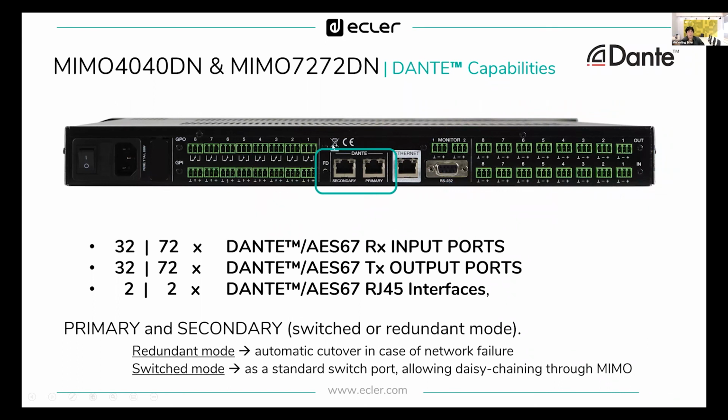Here we've got the Dante section. Okay, we have 2 RJ45 connectors, which are the input ports and the output ports. In the case of MIMO 4040, we have 32 input and output ports. In the case of 7272, we have, no, this is wrong.